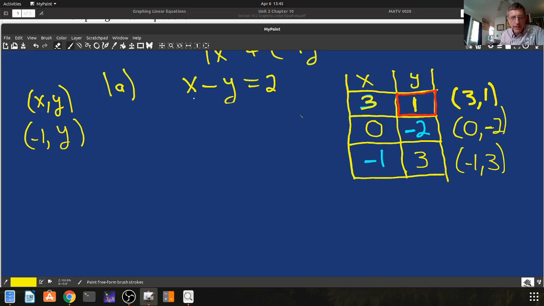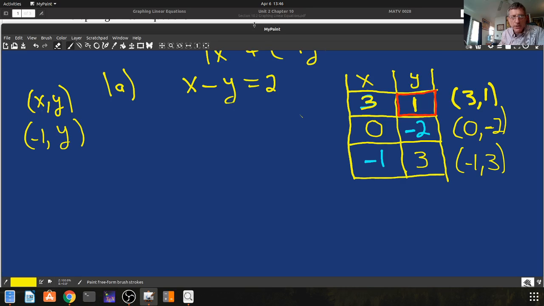If I plug in 0 for x and minus 2 for y, then I got 0 minus a minus 2, which is 0 plus 2, which is 2. So that works again. And minus 1, minus 3. So is that right? Minus 1 minus a minus 3 is the same as 3 minus 1, and that is 2.